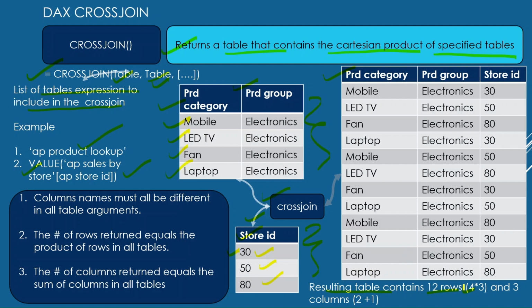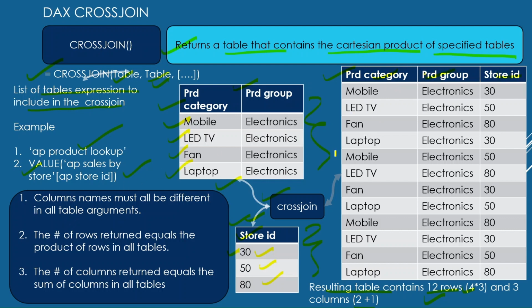So if you multiply 4 into 3, it becomes 12, and the number of columns in the resultant table is the number of columns of both tables. This table has two columns, this table has one column. So the number of columns would be 2 plus 1 equals 3. Here we can see there are three columns: product category, product group, and store ID.